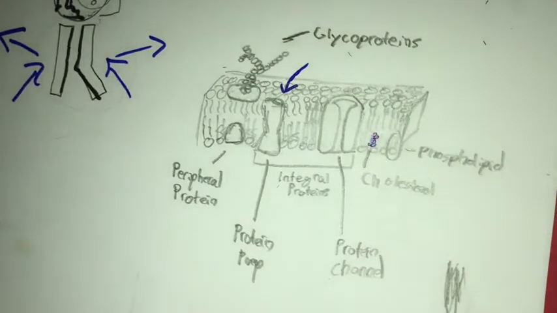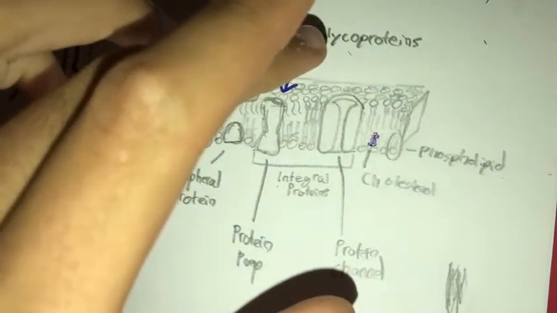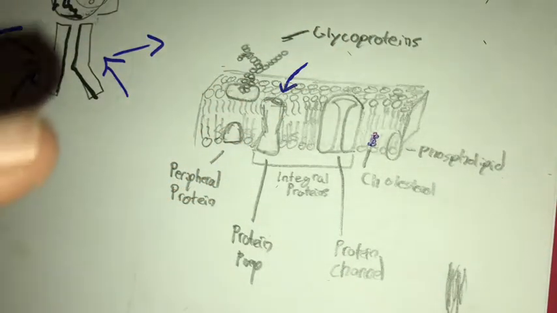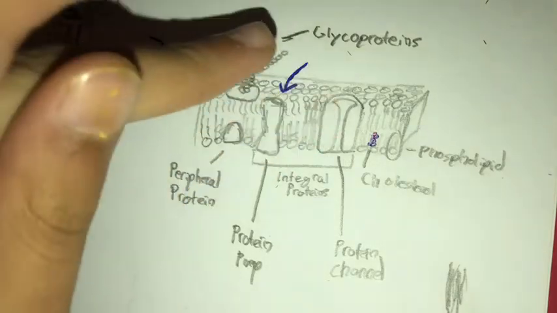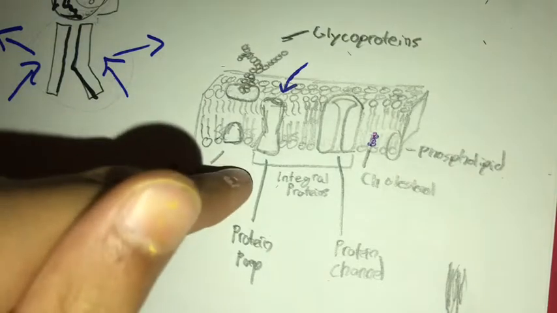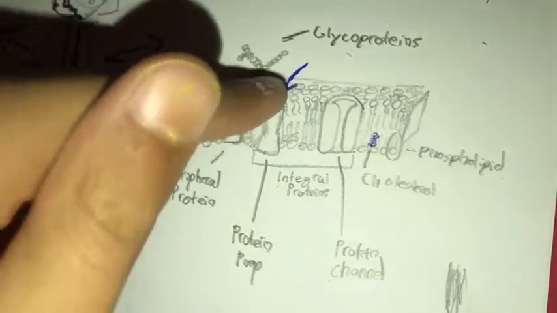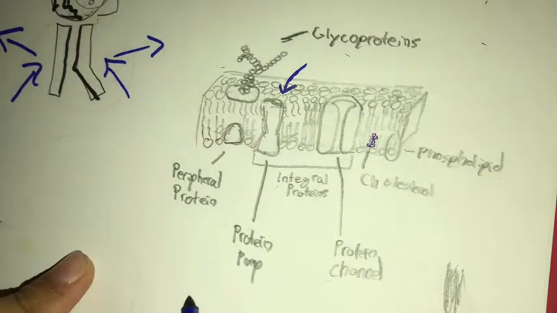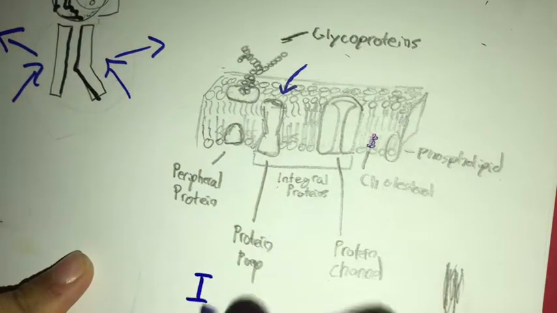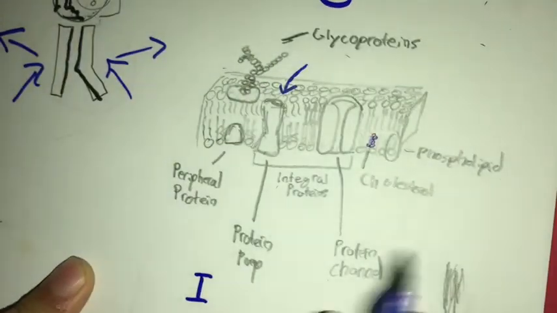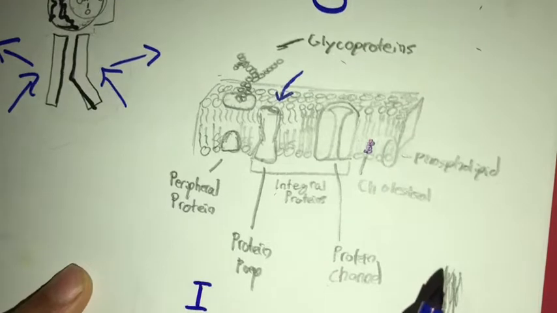When it goes into the protein pump, it'll be moving from an area of low concentration to an area of high concentration. So there will be a lot of work being done by the protein pump. When the protein pump pumps it in, it'll go into the inside of the cell. This is inside the cell, and this is outside the cell.